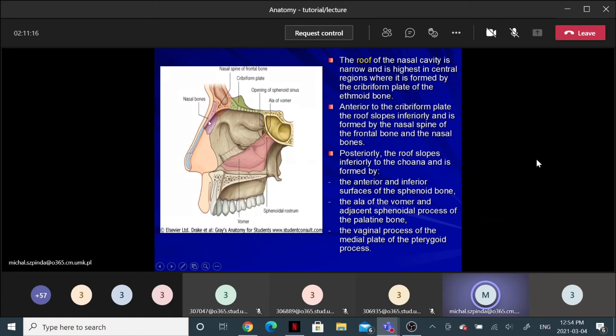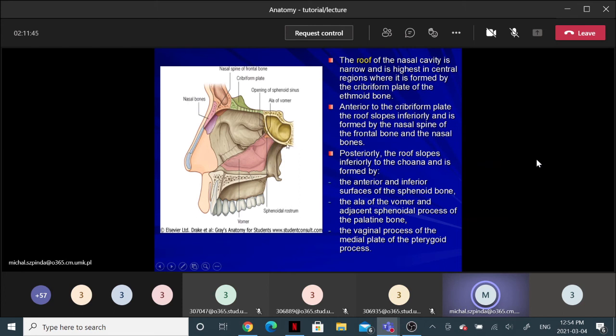The anterior slope is composed of the nasal bone in front, nasal spine, and nasal part of frontal bone. And its posterior slope is mostly composed of the anterior and inferior surfaces of the sphenoid body.